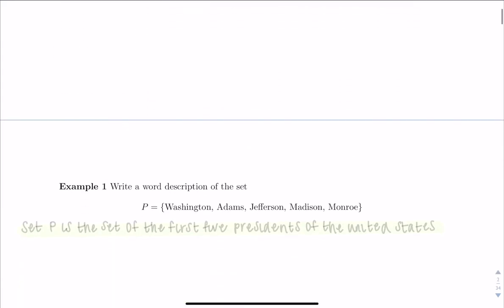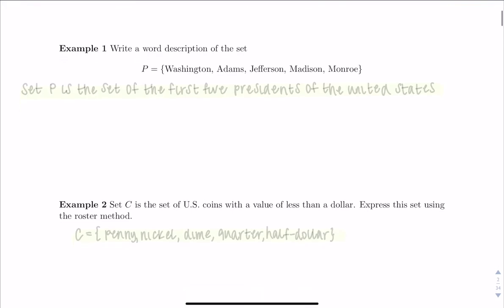So for example 1, we want to write a word description of the set P equals {Washington, Adams, Jefferson, Madison, Monroe}. And if you're not good at history, like I'm terrible at history, these are the first 5 presidents of the United States.